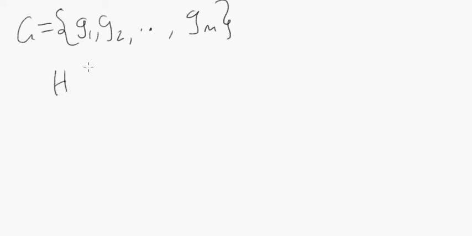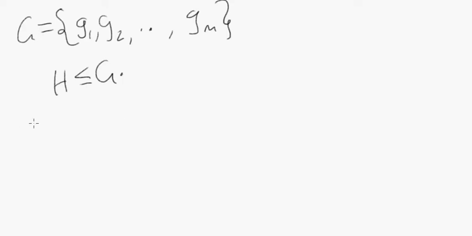Right, so let's say we have our group G again. Let's see if we can establish that conditions 1, 2, and 3 are true. So if our group G has the elements g1, g2 up to gm, it's finite, and H is some subgroup of G, well, we can create a bunch of cosets.